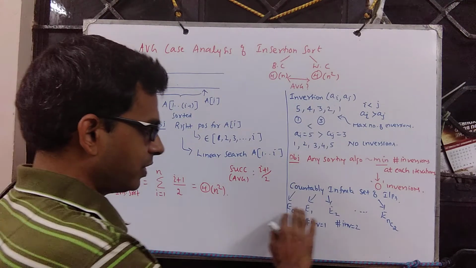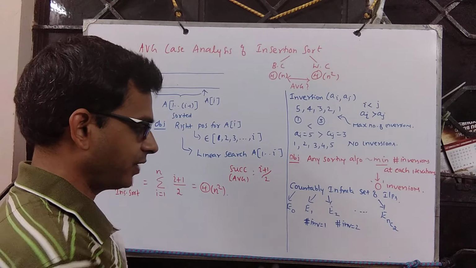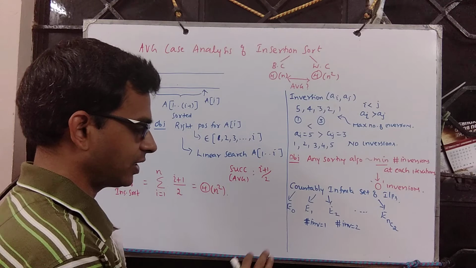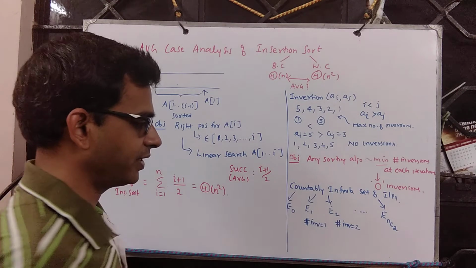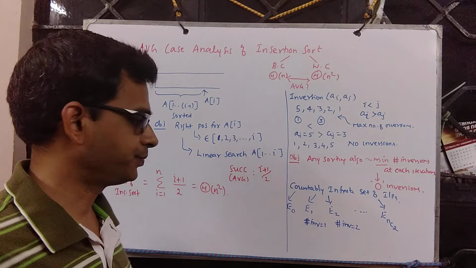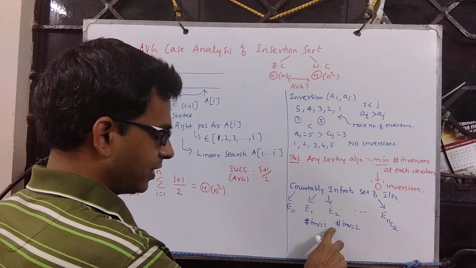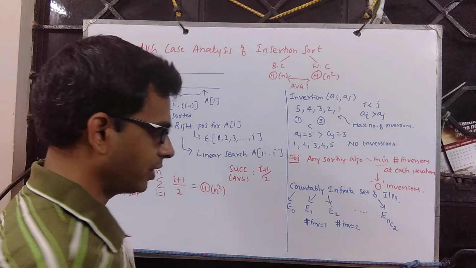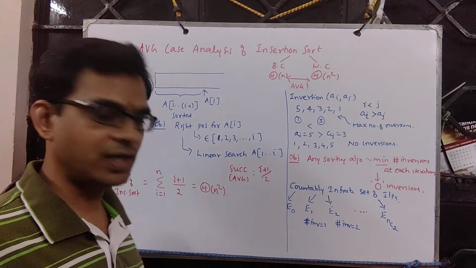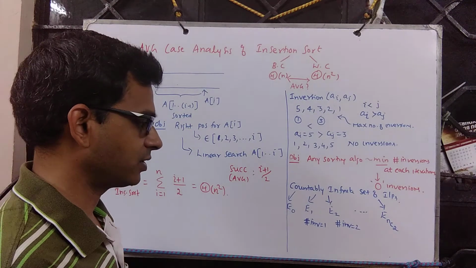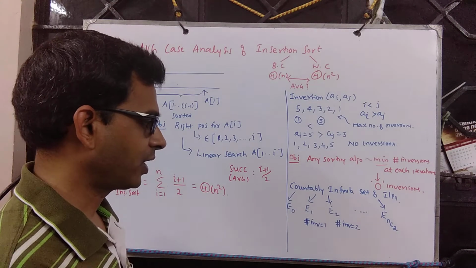Now you see that a countably infinite set of inputs is nicely partitioned into a finite number of equivalence classes, and an input is placed at E2 if the number of inversions in that input is 2. And the objective is to come up with a strategy which will convert this into a sequence in which the number of inversions is 0, equivalently a sorted sequence of that input. That's precisely the idea.